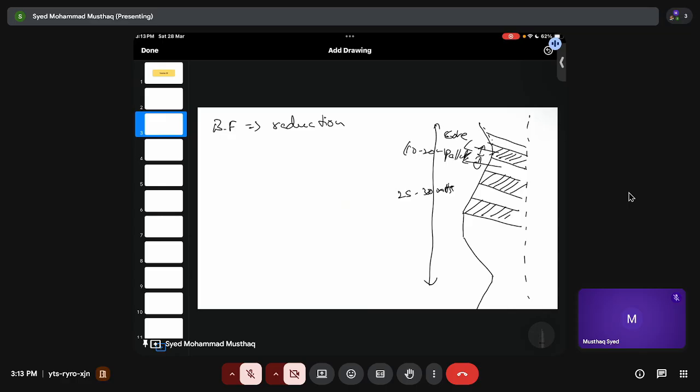Okay, now that is all about them. So yeah, here in this layer you can use either pellets or sinters, right? So that's about them. And then from the tuyeres you have your tuyeres here, okay?